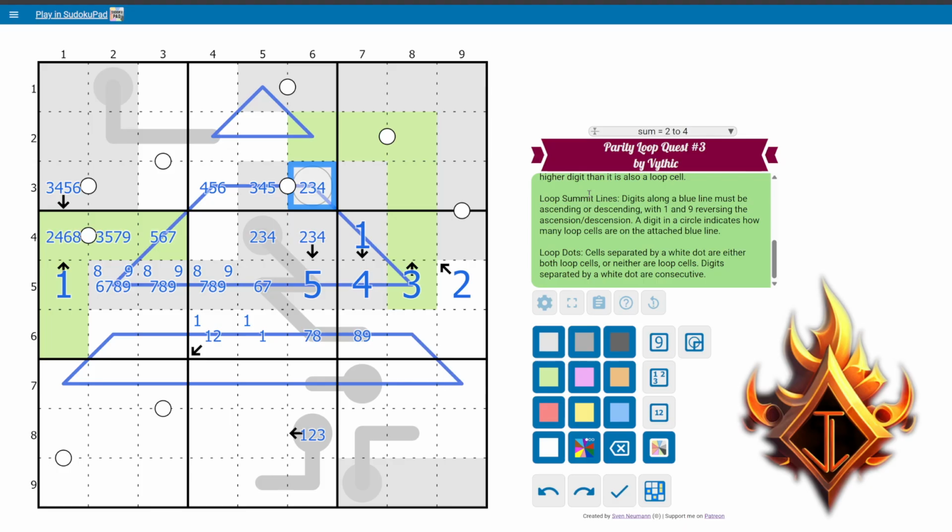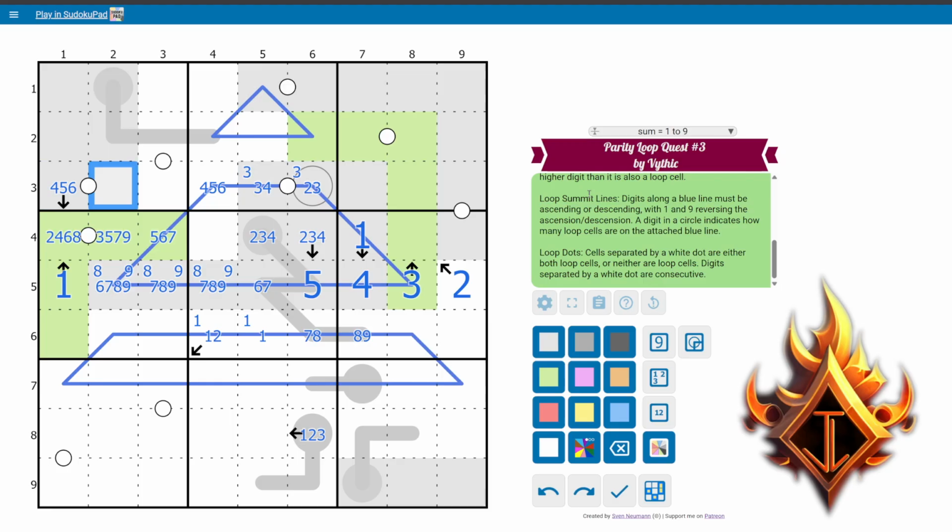So now this is just 2 or 3. This is just 3 or 4. That could still be any. But it does put 3 here, one way or another.